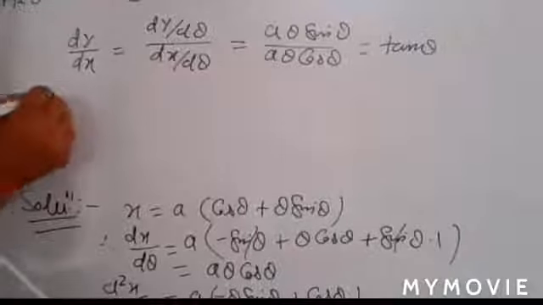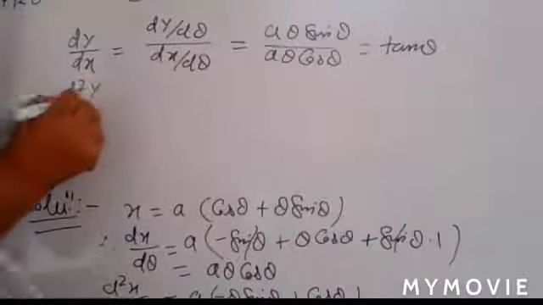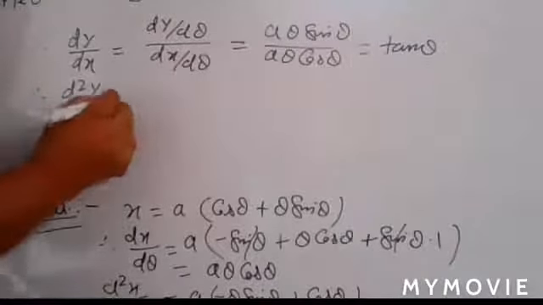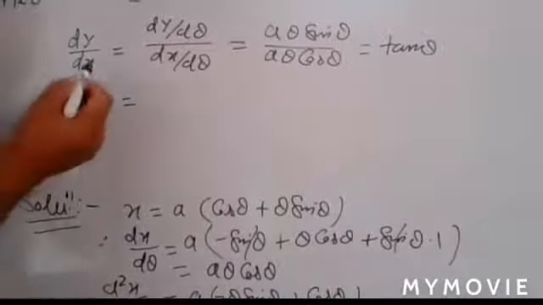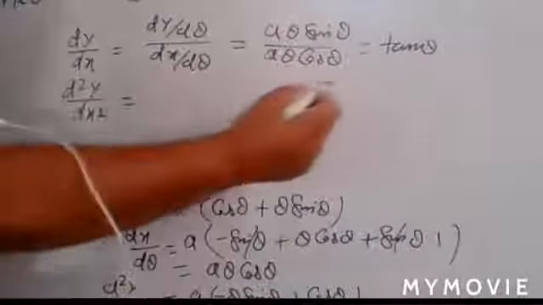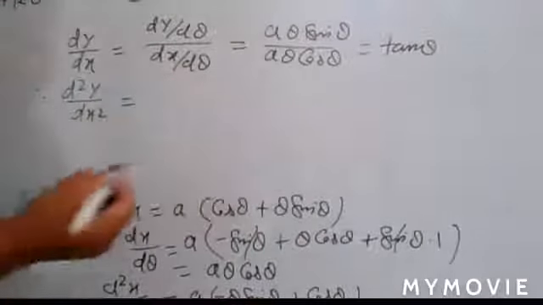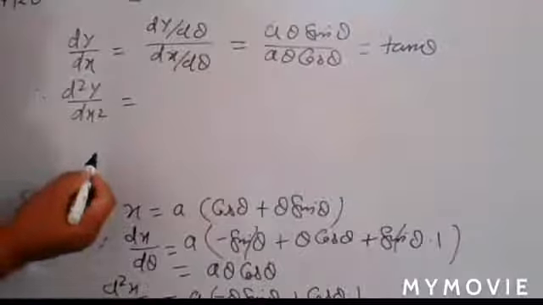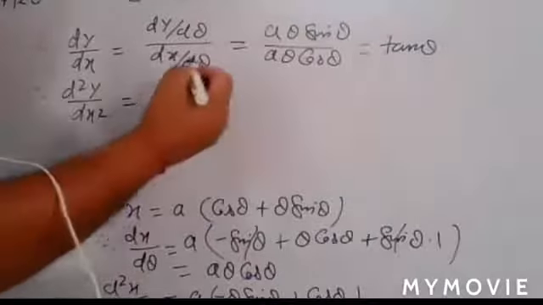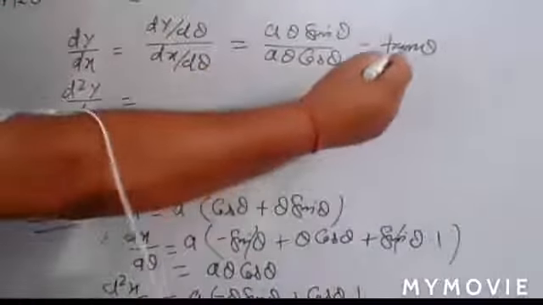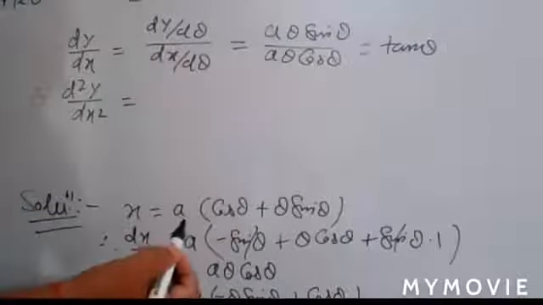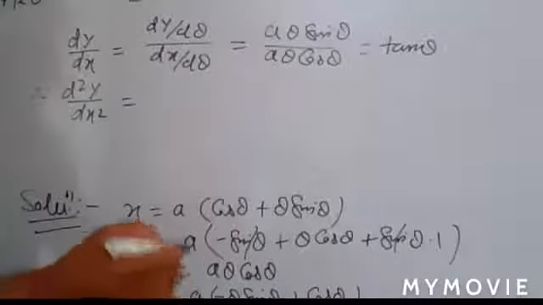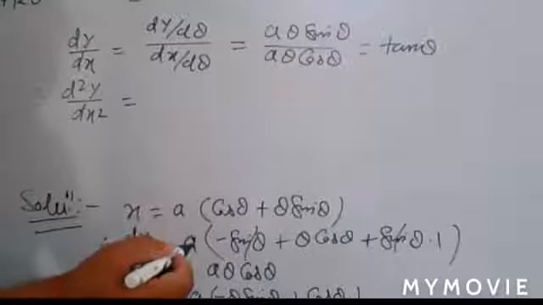Now d2y by dx2 means you have to take its second derivative. You have to differentiate the first derivative with respect to x. On the right side you have a value in terms of theta, and that theta is a function of x. Understand?